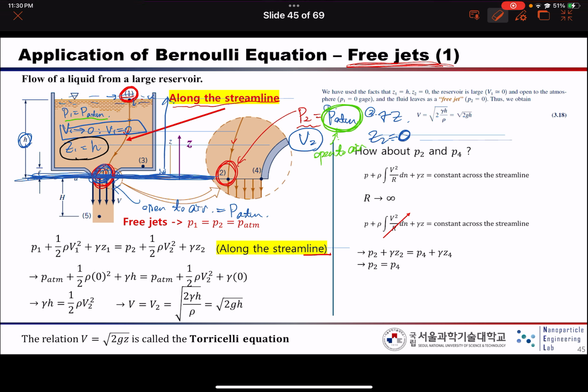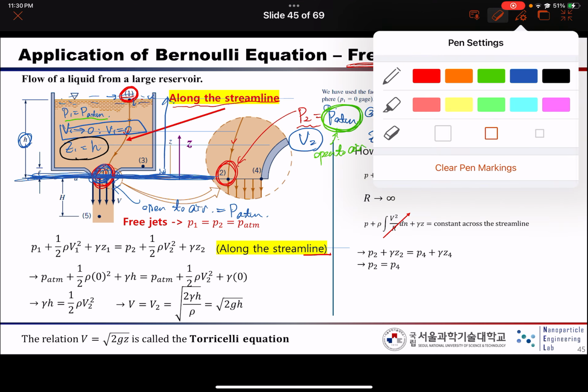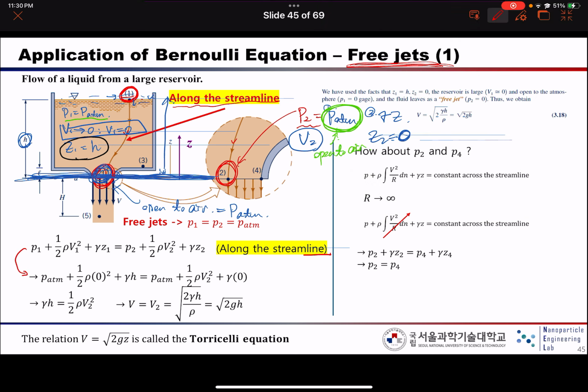So here, from this equation, we can write it like this. The atmospheric pressure is identical on both sides, and since V1 equals 0, that term is neglected. Also the height at point 2 is the same as the reference line, so that term is neglected. So we can write gamma H equals rho V squared divided by 2.